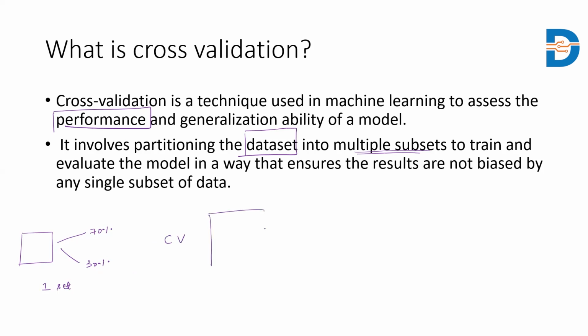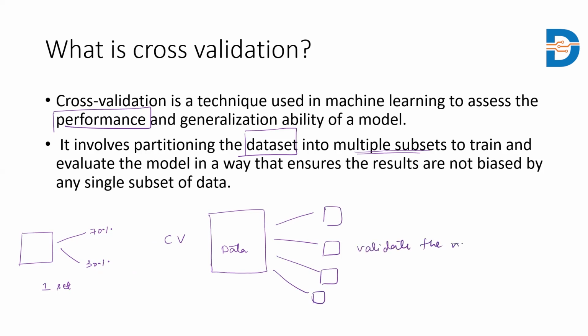Cross validation is a technique where you're going to divide your entire data into multiple subsets, let's say 4 sets, and then you're going to validate the model performance. That is the baseline understanding of cross validation.